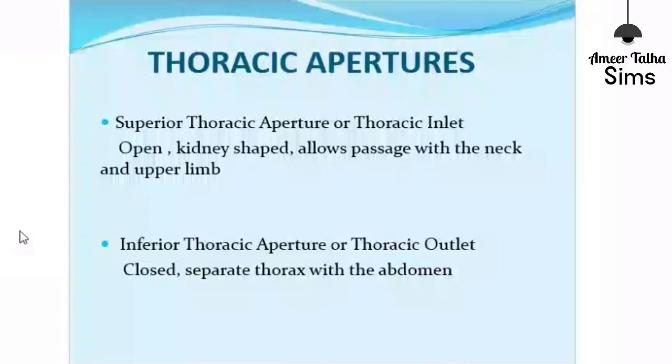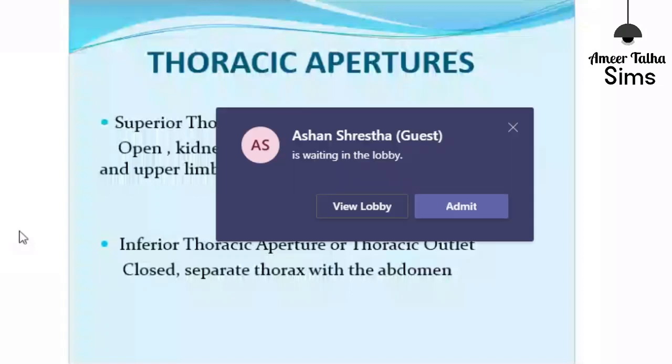This one is the superior thoracic aperture, also known as the thoracic inlet. And this is the inferior thoracic aperture.